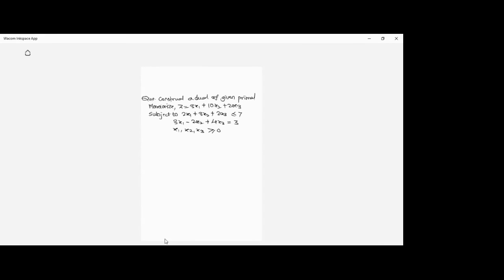So all constraints should be of the less than or equal to sign, right? The less than or equal to sign is there in the first constraint, but in the second constraint you do not have that.